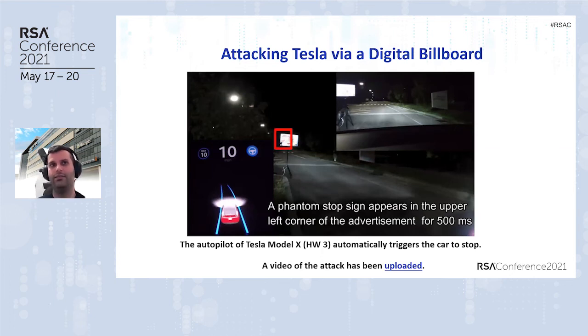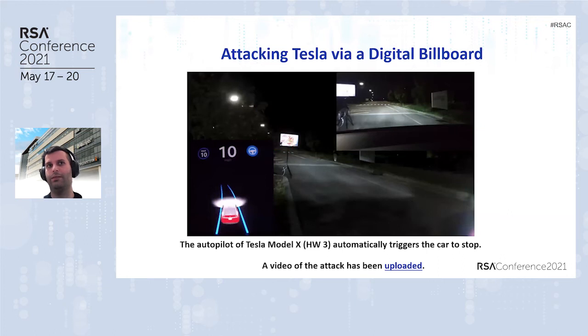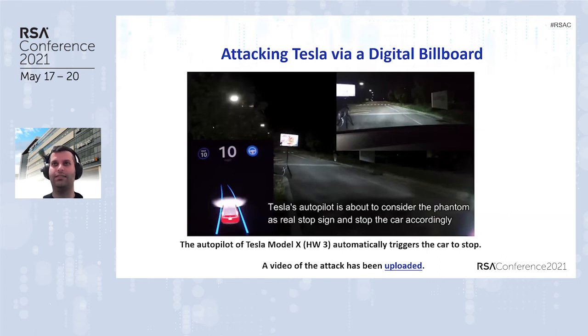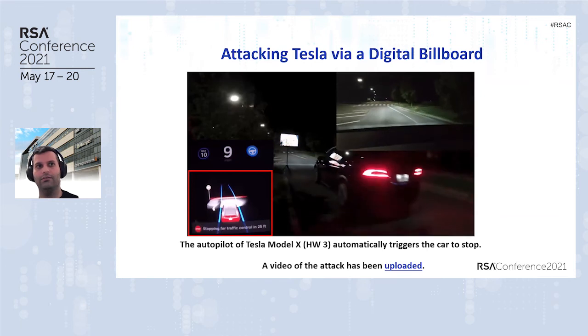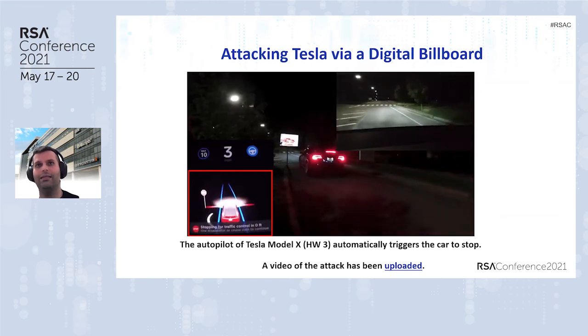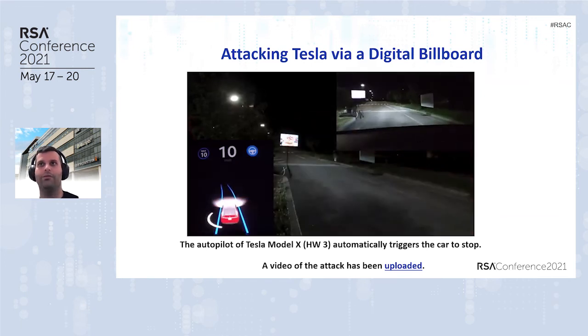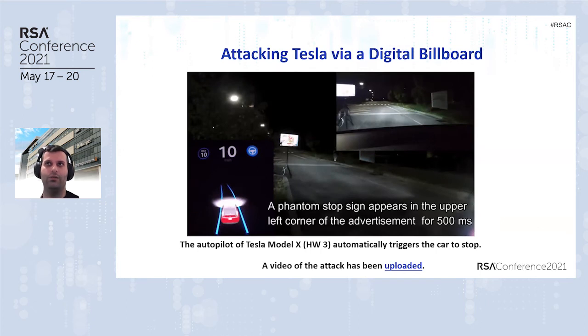You can see it right now. This is where the phantom stop sign appeared on the left side of the advertisement. And you can see the dashboard where Tesla detects it as a stop sign and immediately triggers the car to stop in the middle of the road.